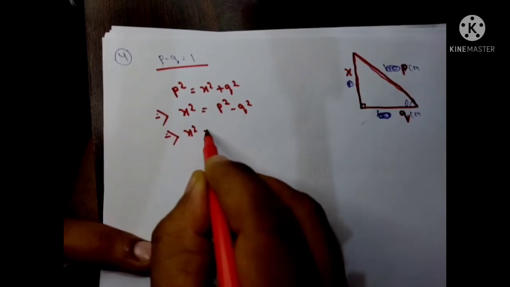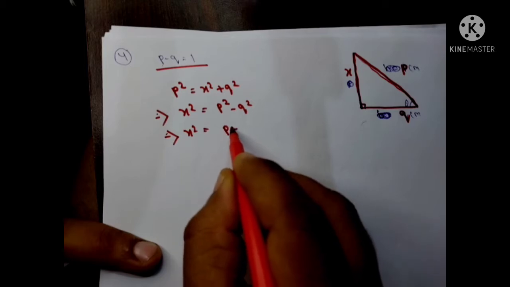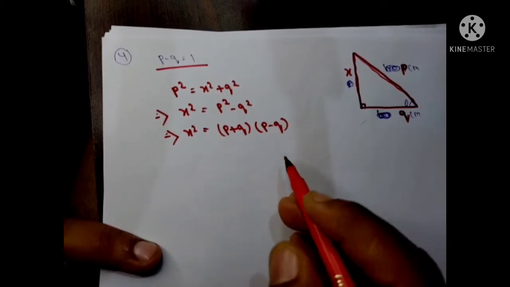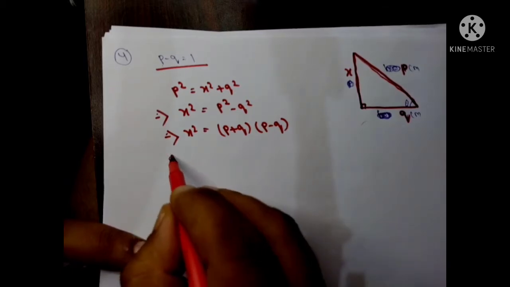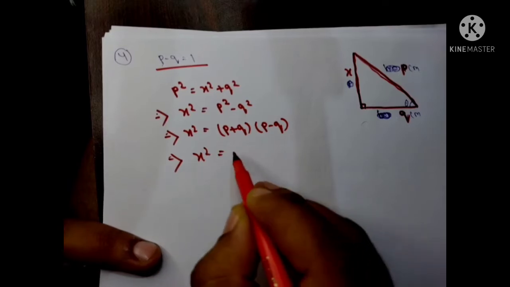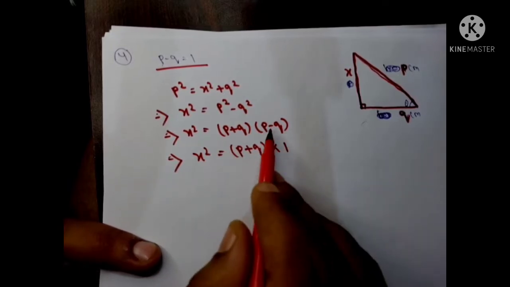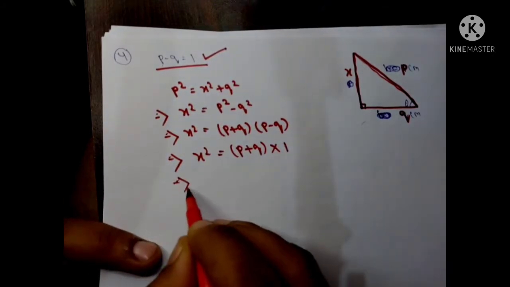So you already know that P square minus Q square becomes P plus Q whole into P minus Q, because A square minus B square is equal to A plus B into A minus B. So here X square is equal to P plus Q whole into 1, because the value of P minus Q is given as 1.